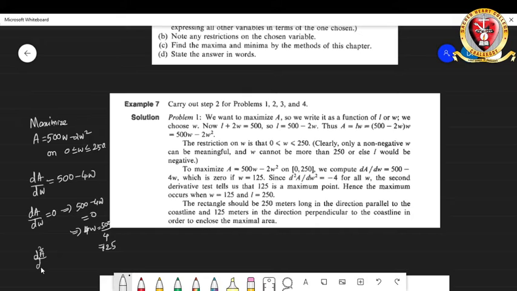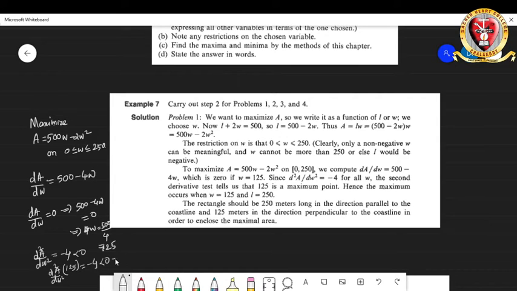Using the second derivative test, d square A by dW square is equal to minus 4, which is strictly less than 0, and d square A by dW square at W is equal to 125 is also equal to minus 4, because it is a constant, that is strictly less than 0.